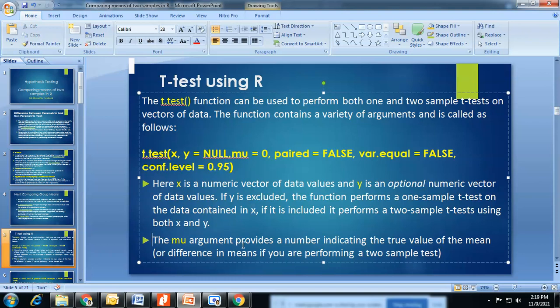It provides the number that indicates the value of the mean, the average value. In this case we have defined mu as 0. But whatever the research question you come across, you can calculate the value of the average, and then use that average for calculating the t-test. So mu is equal to 0 in this case.